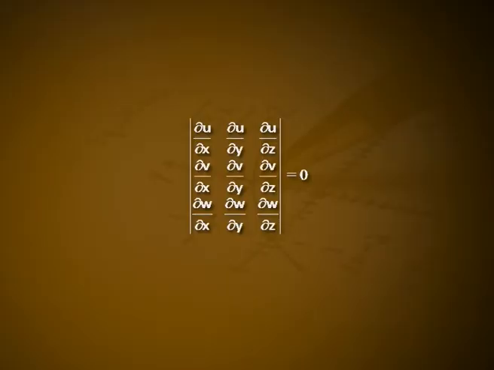That is, determinant first row del u by del x, del u by del y, del u by del z, second row del v by del x, del v by del y, del v by del z, third row del w by del x, del w by del y, del w by del z equal to 0. Therefore, the Jacobian J of u, v, w over x, y, z equal to 0.